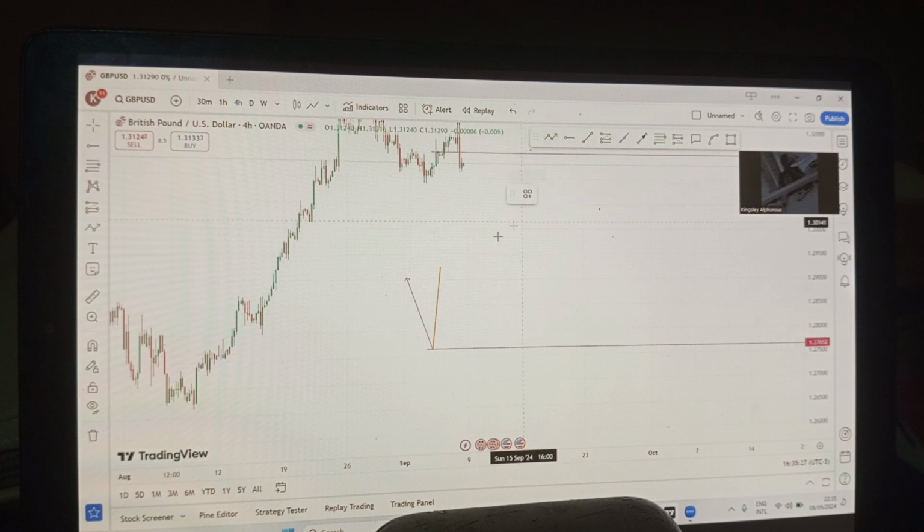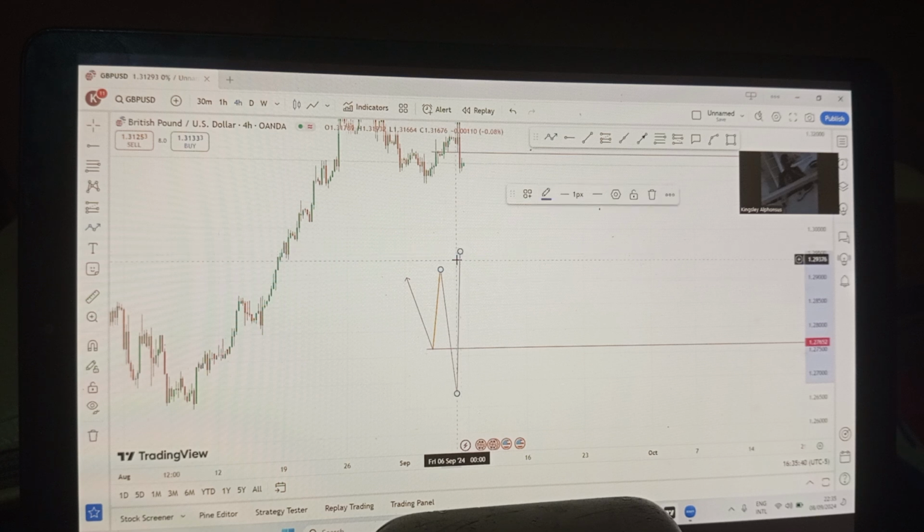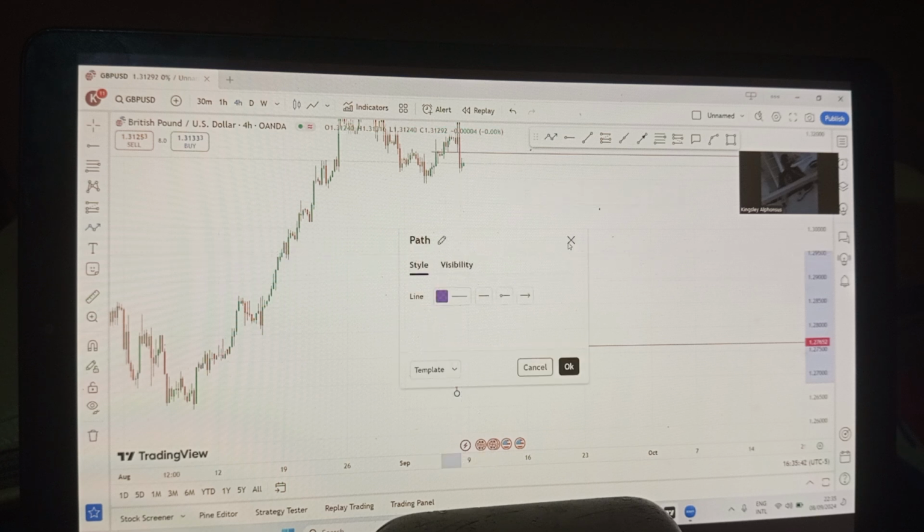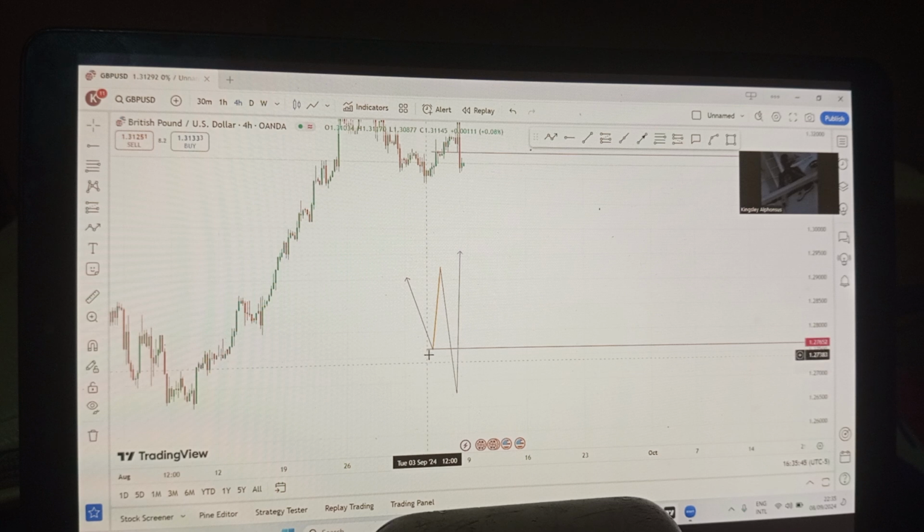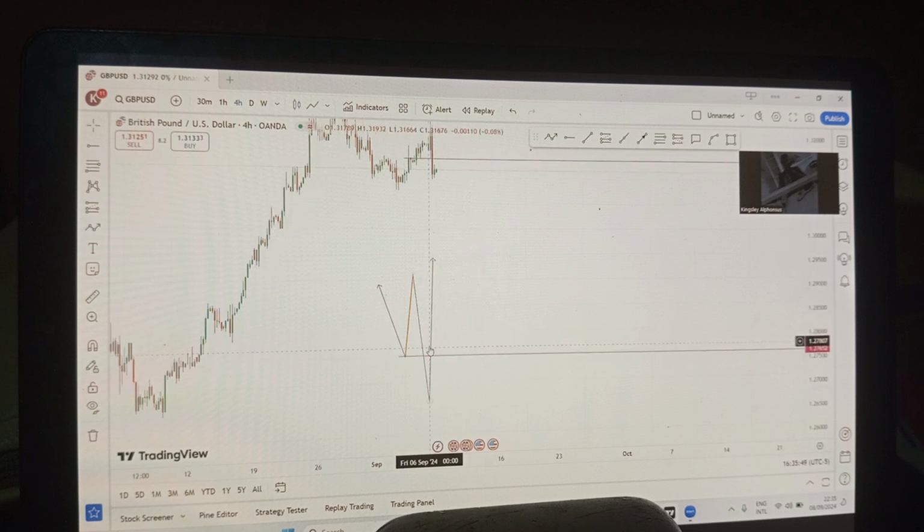But in a situation whereby the market broke below it to the downside aggressively, what do we expect? We expect a sell from here. But in this situation, the market broke above it again. We can still use this same key level here for a buy. This same V-shaped key level that got disrespected to the downside and got broken again to the upside, we can still use it for a buy, something like this.